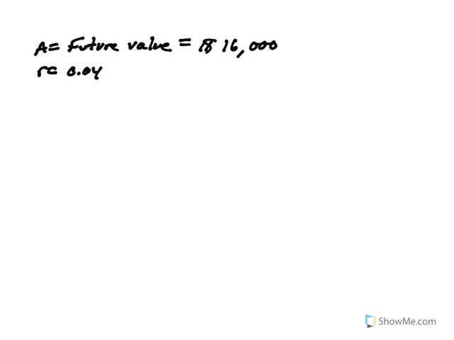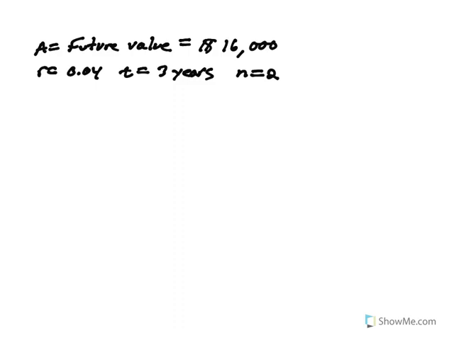And then the time is going to be 3 years. Because the interest is compounded semi-annually, that means twice a year. Semi-annually means twice a year, so n has to be 2.